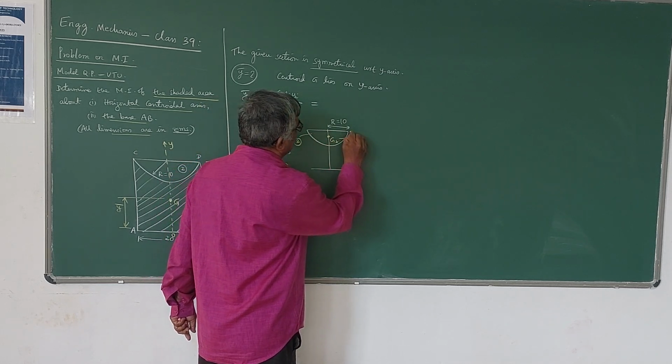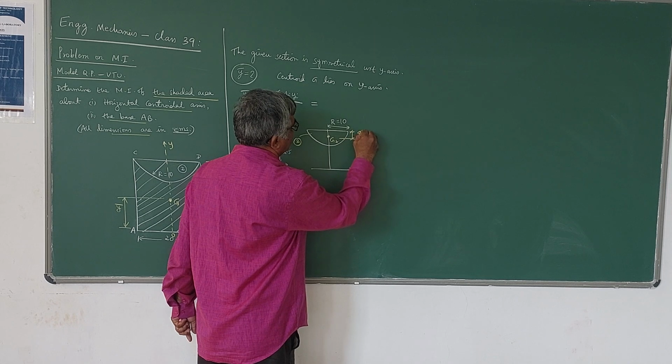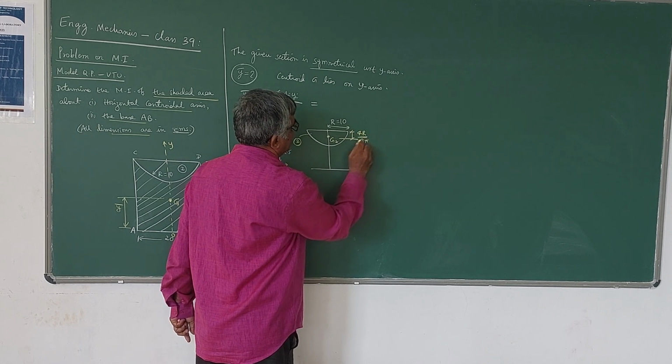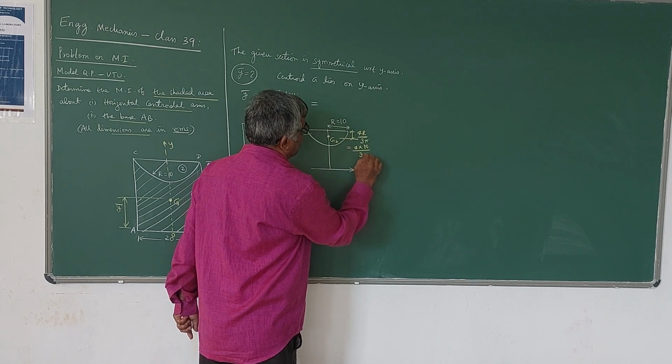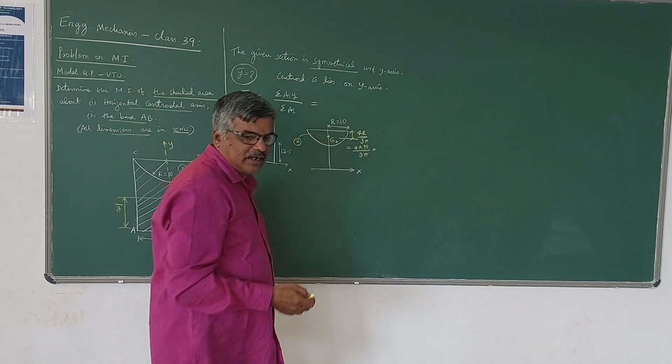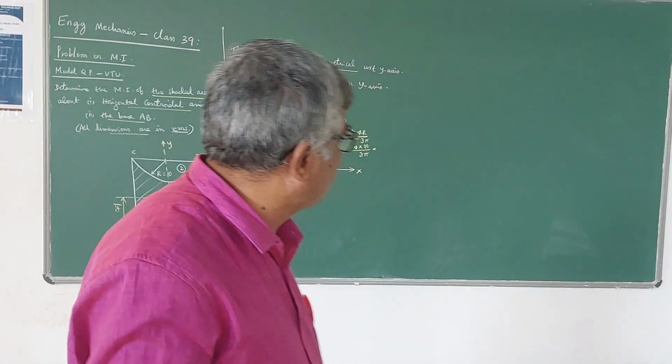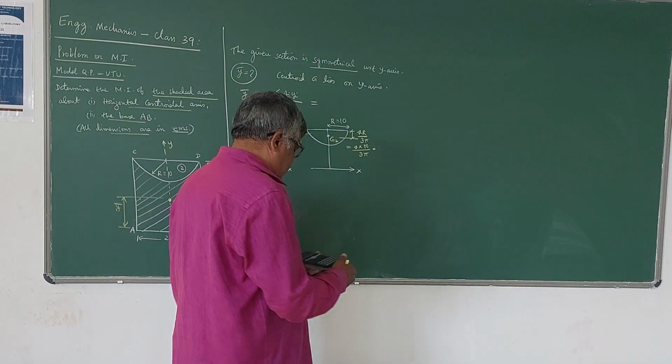This d2 will lie at a distance of 4r by 3 pi, which is 4 into 10 divided by 3 pi. If you simplify that, that is 40 divided by 3 pi.